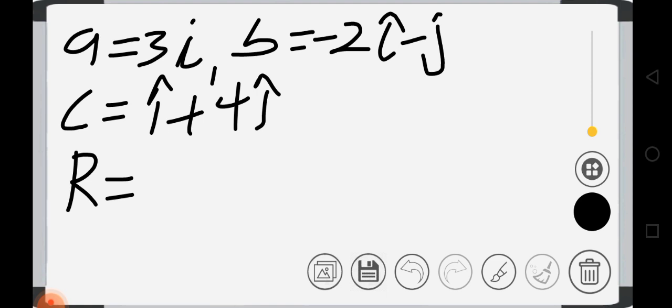Resultant means when you get the total. That's what we are talking about here. What is the total of these three vectors?